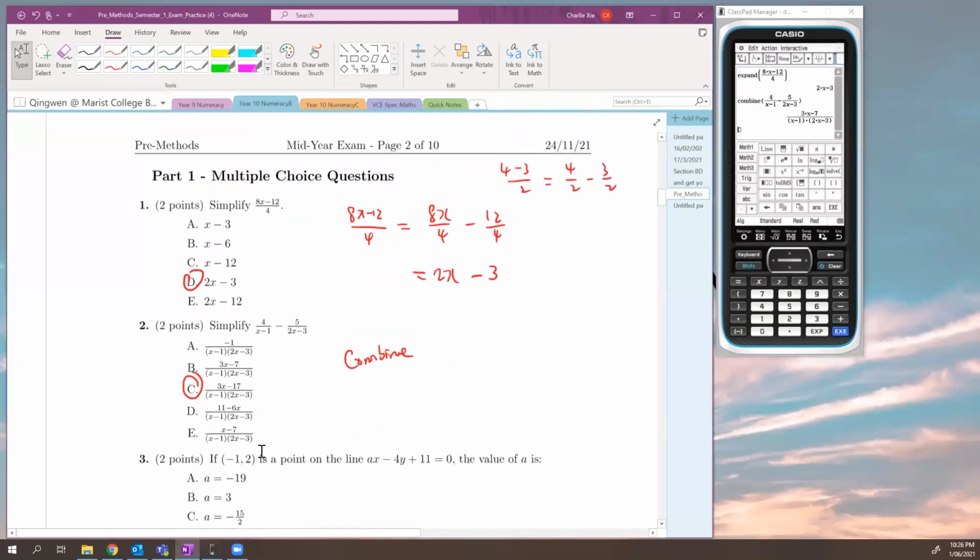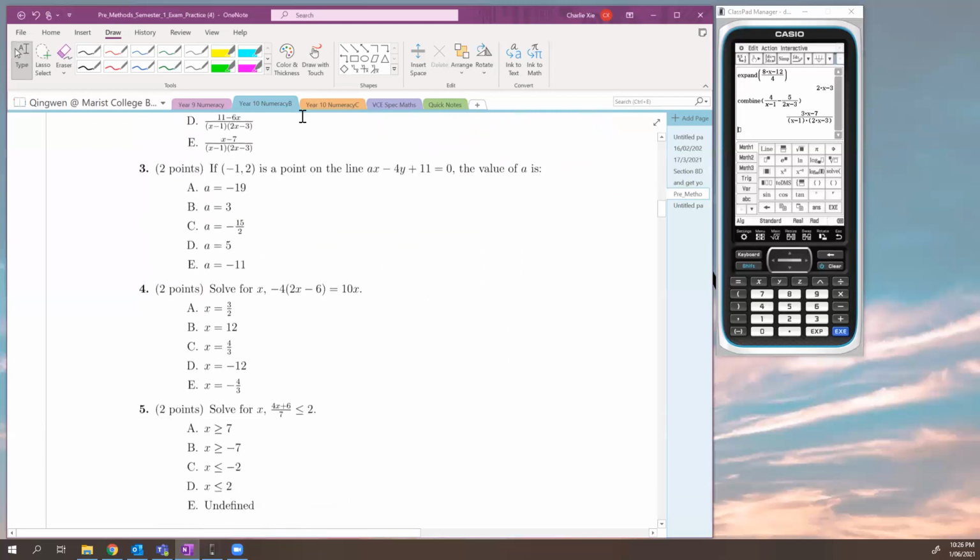Next one, question 3. If (-1, 2) is a point on the line ax minus 4y plus 11 equals 0, the value of a is.